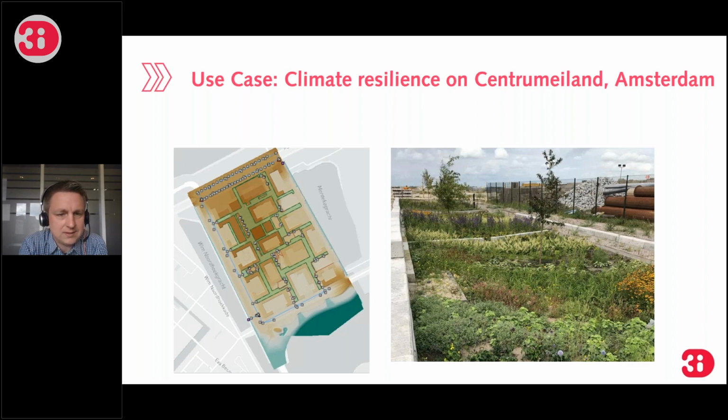What is nice about it is that you're not only looking at adding green areas, for example, but you also want to include infiltration into the ground and the effect on the groundwater. As you can imagine, groundwater might be an issue in Amsterdam.